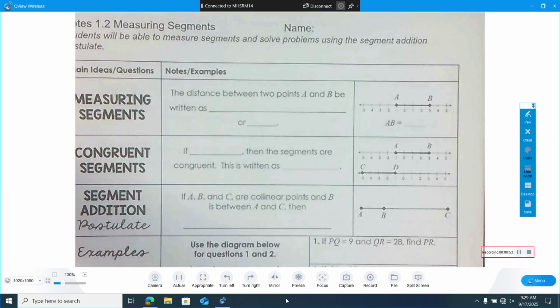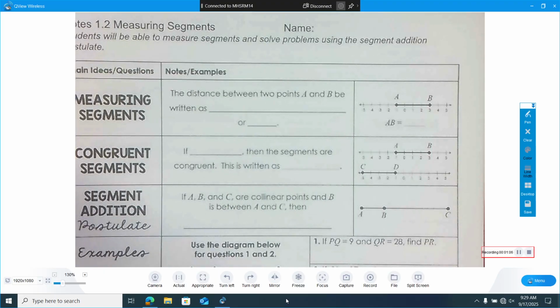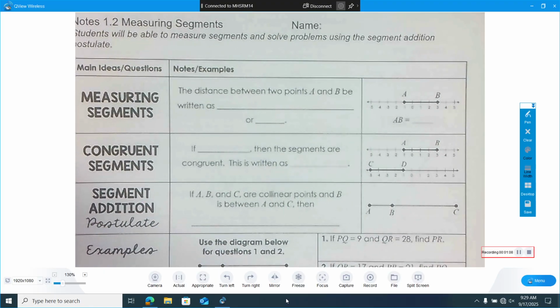Okay, today we are talking about measuring segments, and this is weird stuff because it's completely obvious most of the time. So we're going to put it all out there from the very beginning.